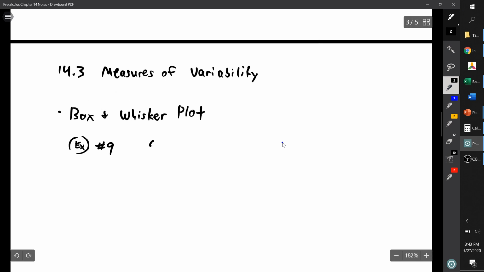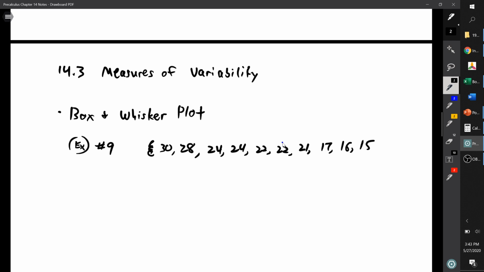We have these data points: 30, 28, 24, 24, 22, 22, 21, 17, 16, 15. That's a squiggly bracket, by the way, a brace. This is actually arranged for us in the opposite order, which will make it a little bit easier.